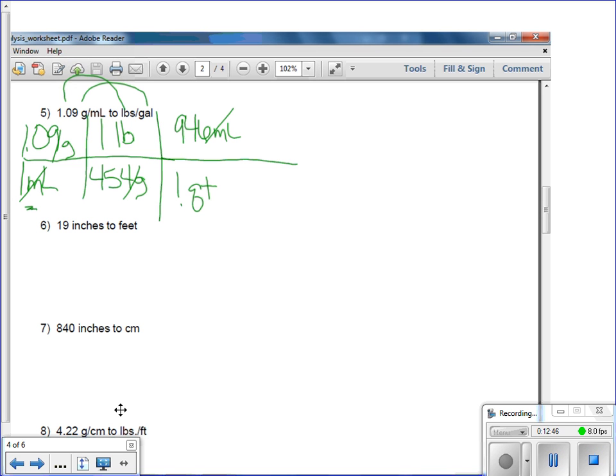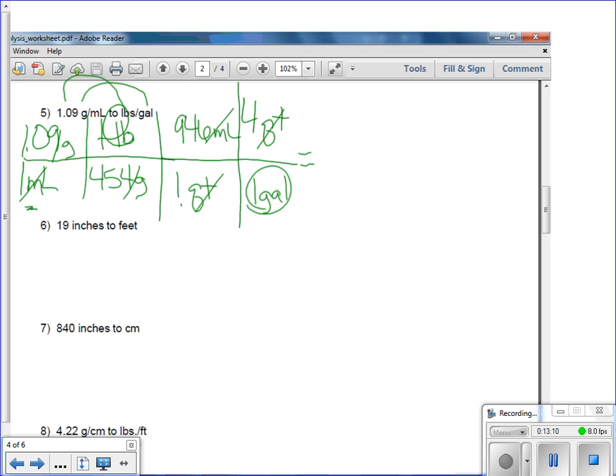I want it in pounds per gallon, so I need one more box. I know there's 4 quarts in a gallon. I already have quarts on the bottom and I want it to cancel out, so I need to put my 4 quarts on top, my 1 gallon on bottom. Quarts cancel. So now I've got pounds here and I've got gallons here.